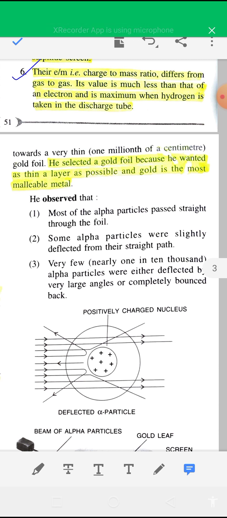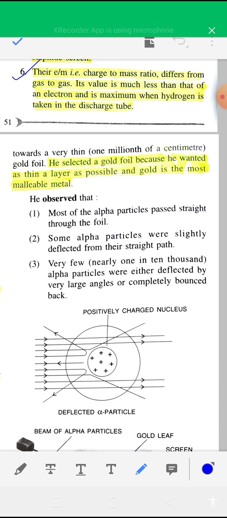In the alpha particle scattering experiment, Rutherford observed that most of the alpha particles passed straight through the very thin gold foil, and some alpha particles were slightly deflected from their straight path. Very few, nearly 1 in 10,000 alpha particles, were either deflected by a very large angle or completely bounced back.